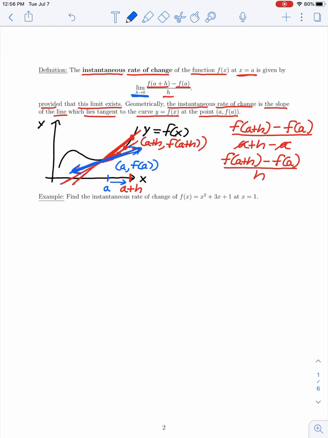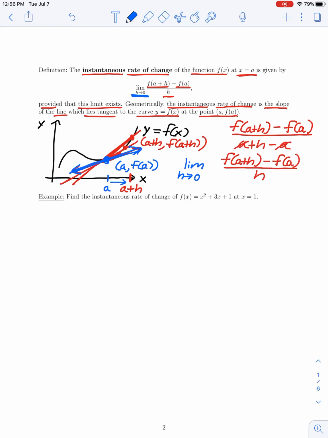And that's giving me how fast my function is changing at this point a, f of a on the graph of our function. So we're going to take the limit as h approaches 0 of this quantity to be the instantaneous rate of change as long as that limit exists.